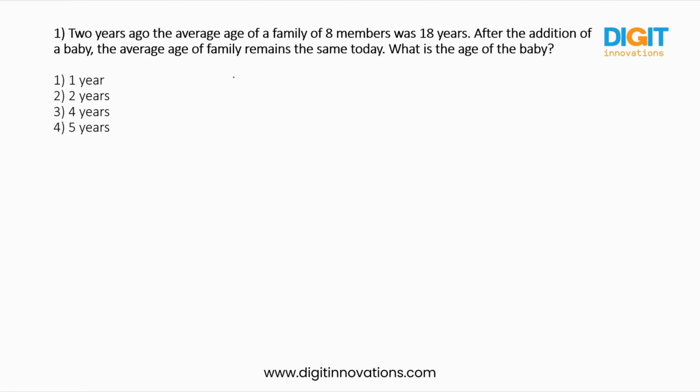It is all 2 years ago. So how many members are there? I'll write the average formula first. It is the sum of observations by the total number of observations, right?